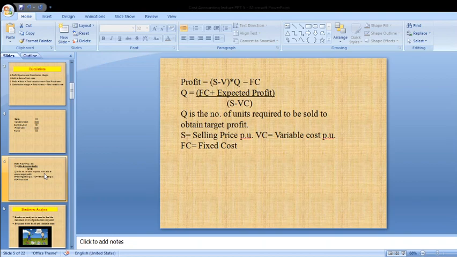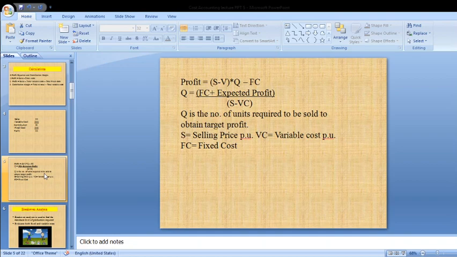We will go to the formula now for calculating break-even point in unit terms. Our target is to earn back the fixed cost. So fixed cost is kept in the numerator. We divide it by contribution per unit. If you want a short form, you can say FC upon contribution per unit. Always keep in mind that fixed cost is not per unit.